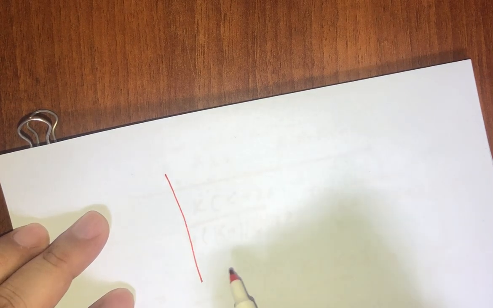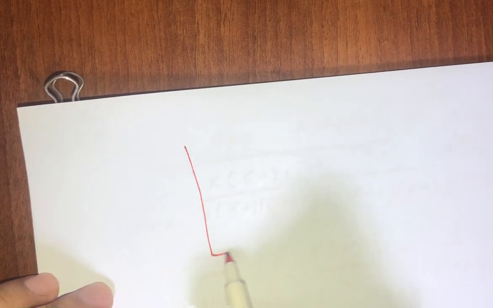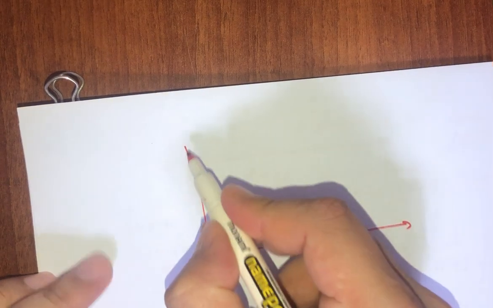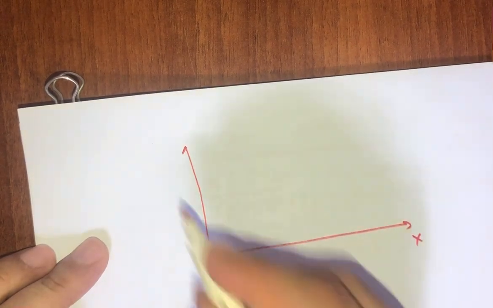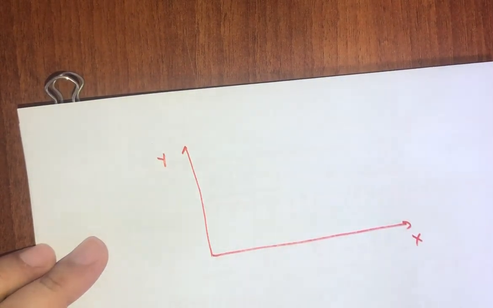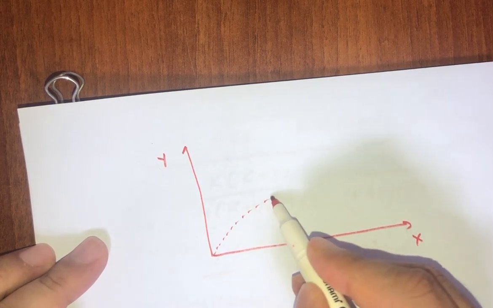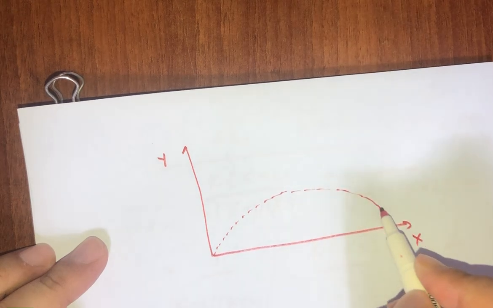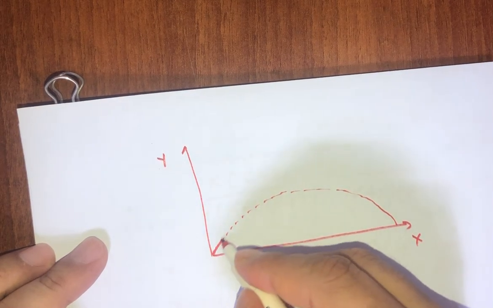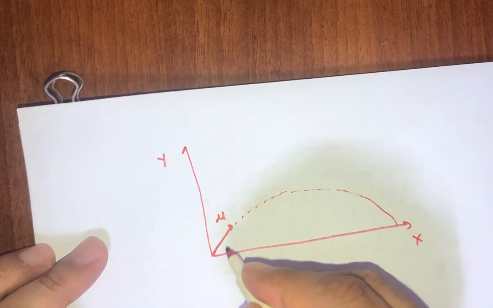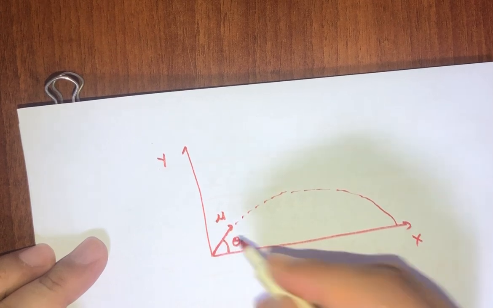So we have a bullet. This is x coordinate, y coordinate, and we have a bullet which is fired at an angle of theta with the initial velocity of u at angle of theta.